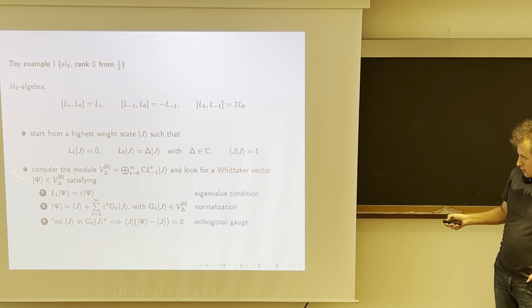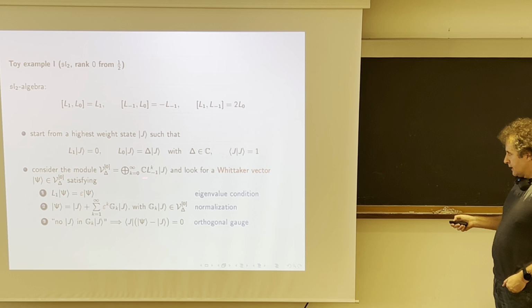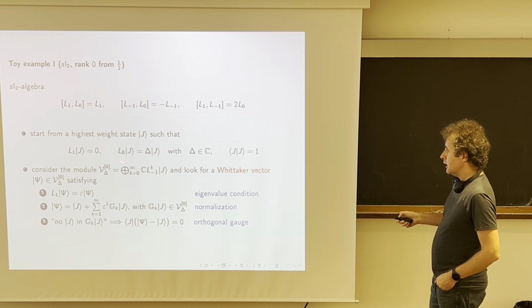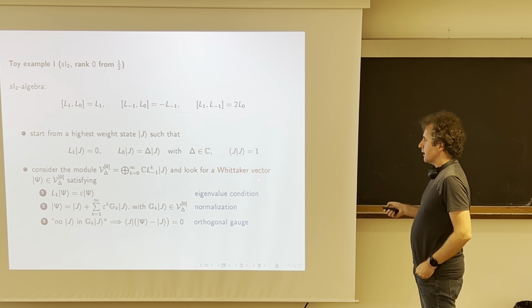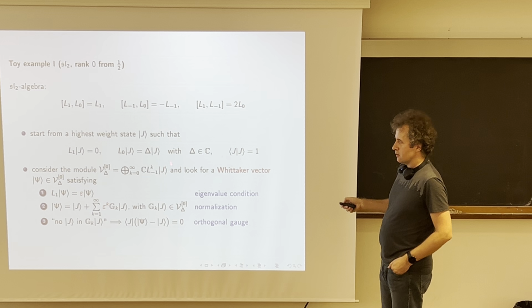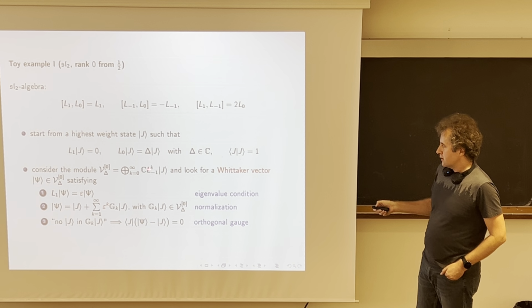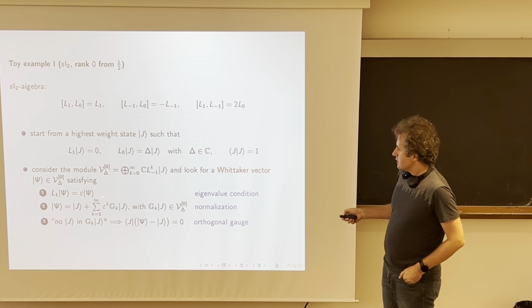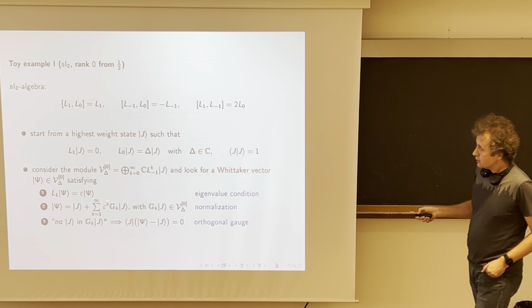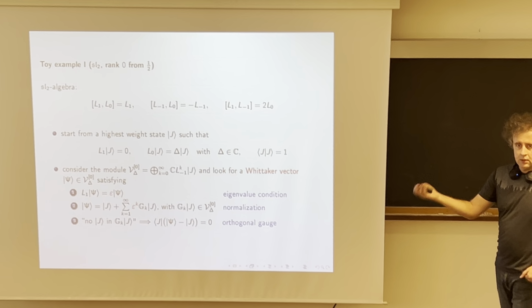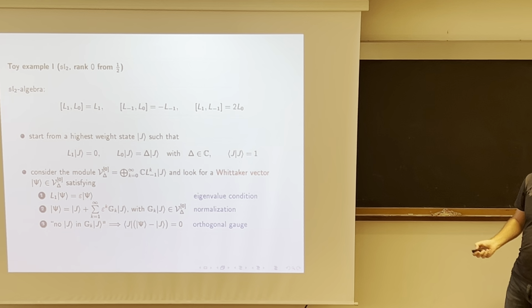Then I build this highest weight representation, and I am going to look for a Whittaker vector living in this infinite dimensional space, which satisfies the following three conditions. The most important condition is the first one.